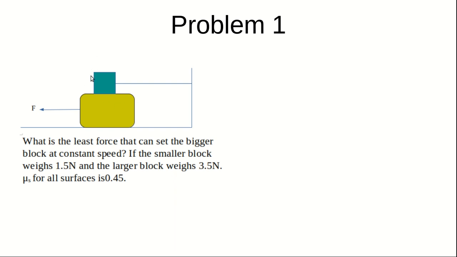For this first block, we notice that the string is attached to the wall, and once this one is set in motion, this particular block will be stationary. What that means is that the tension in the string must be equal to the friction opposing this motion.